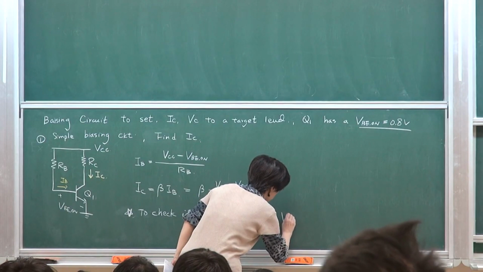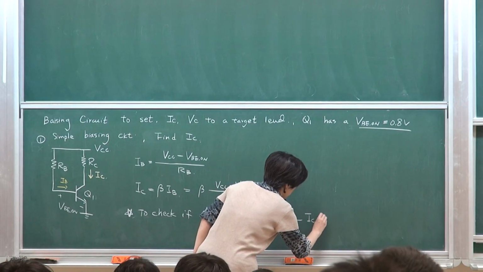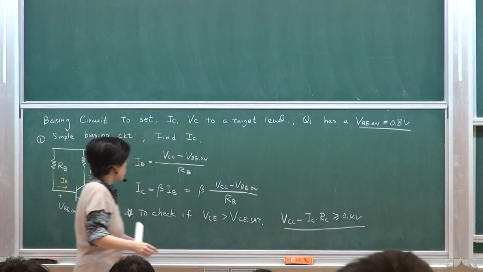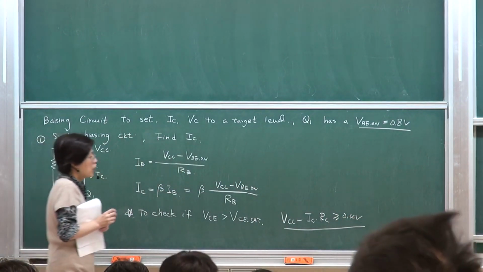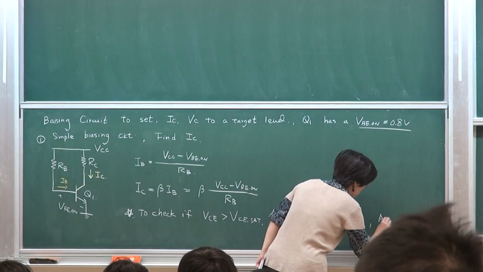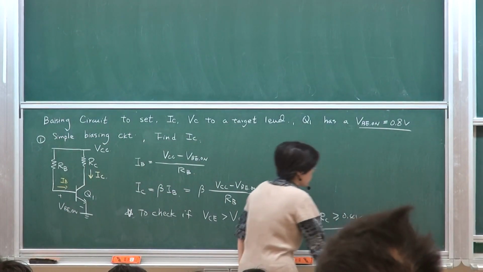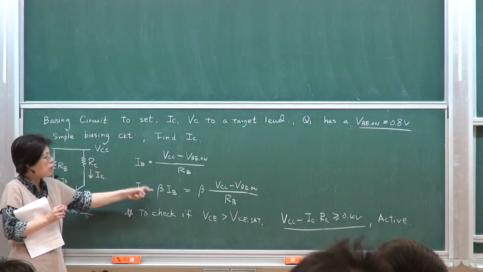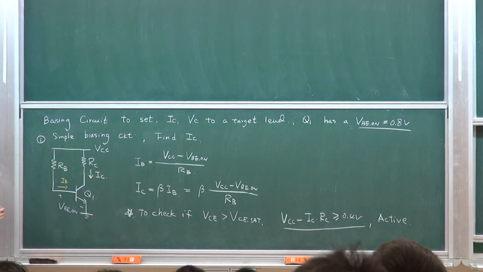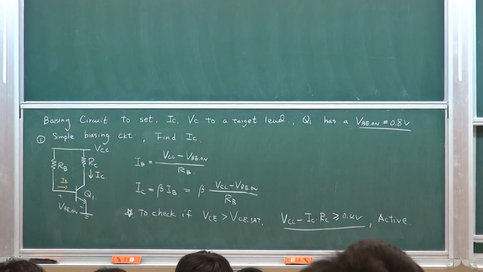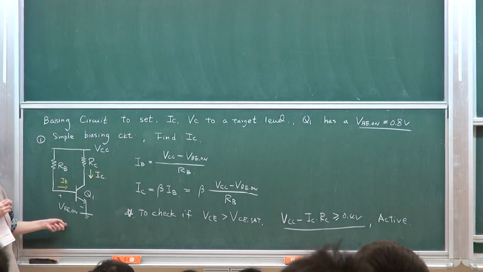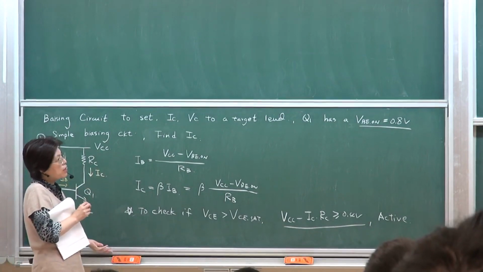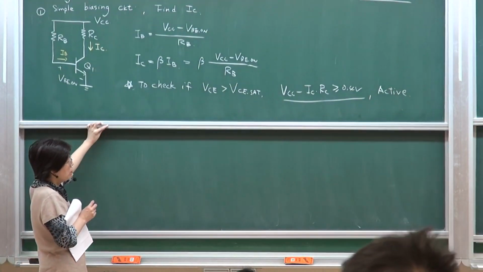That's to say, you want to make sure VCC minus ICRC is larger than 0.4 to ensure that your transistor is in active mode. Otherwise, these models don't fit. So this type of question will be in the exam. How do you actually find out these currents based on the particular model?